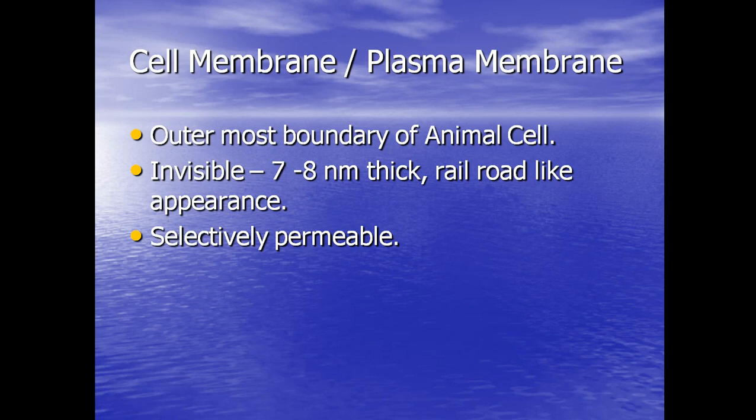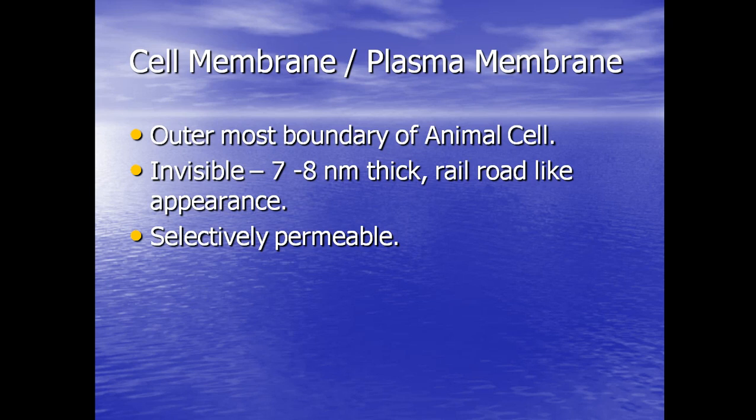This cell membrane or plasma membrane is a very unique organelle of a cell, not because it is the outermost boundary of the animal cell, but because of the intricacies as well as the function that it carries. It is one of the very important ones.